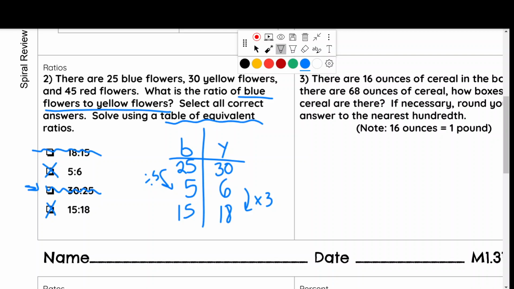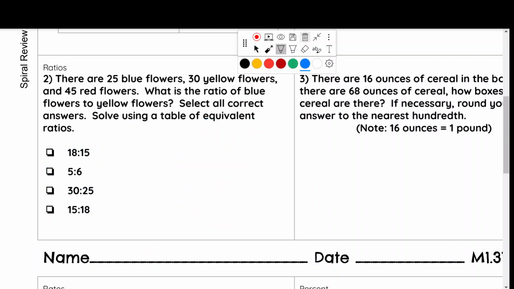I could automatically eliminate this one and this one because I have less blue flowers than yellow flowers. So I can see that both of those are ratios that do not work. And then I needed to check the other two to make sure that they were equivalent.